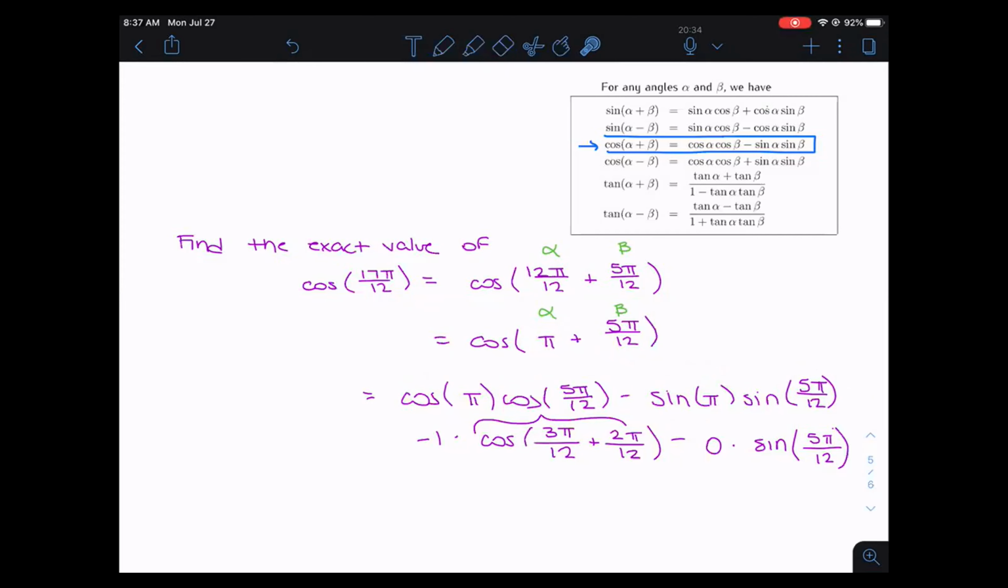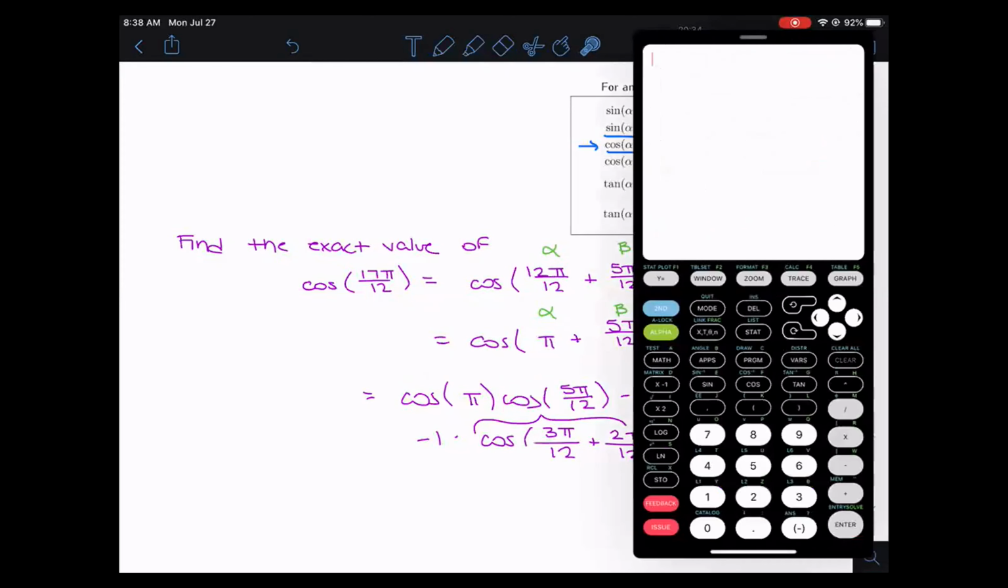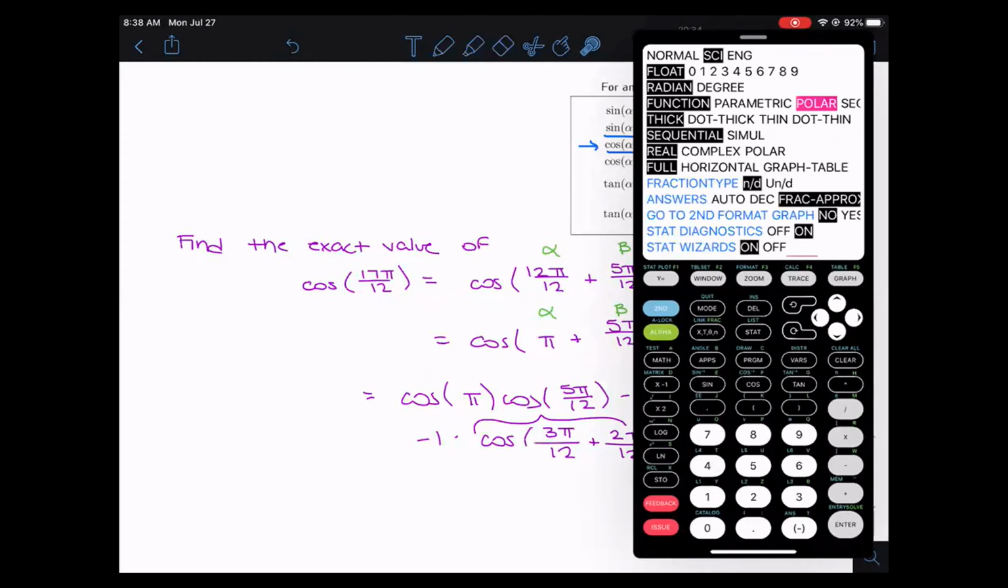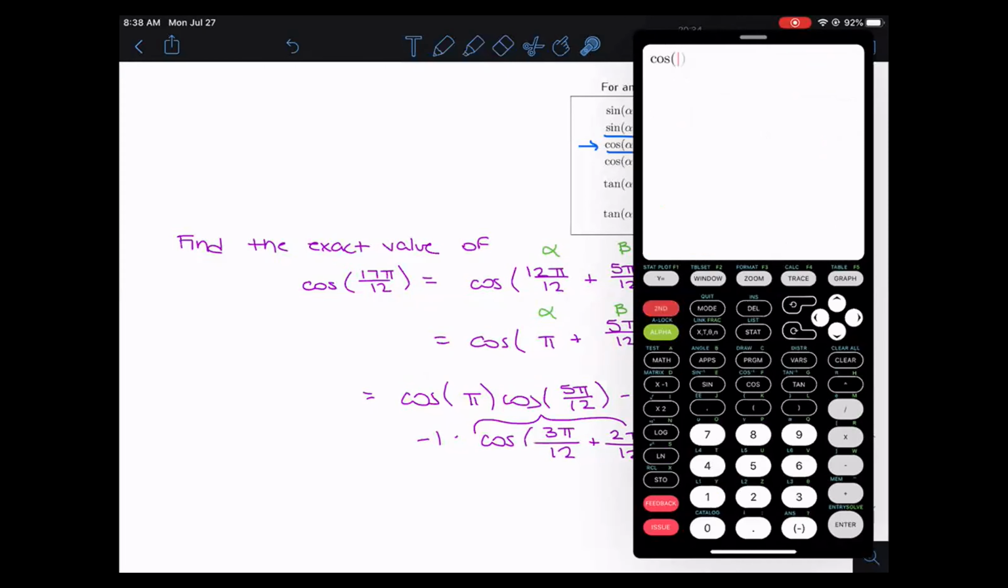And cosine of pi, you guys can actually just do it on your calculator. I kind of did that before. So cosine of pi, if you guys are using pi, make sure that that is on radian mode. So all you have to do is type in cosine of pi, and that's -1. So you can pop -1 there.